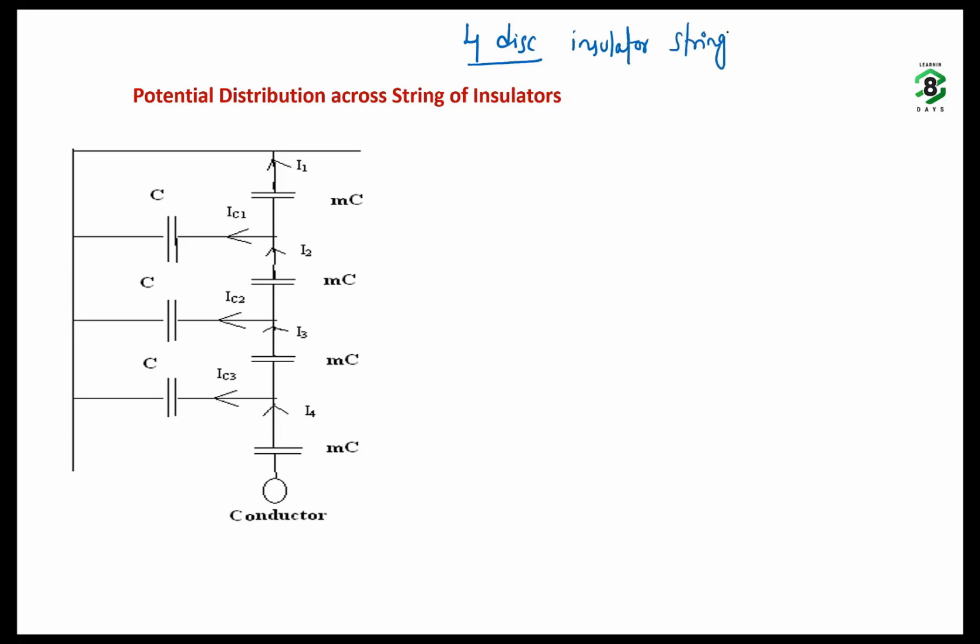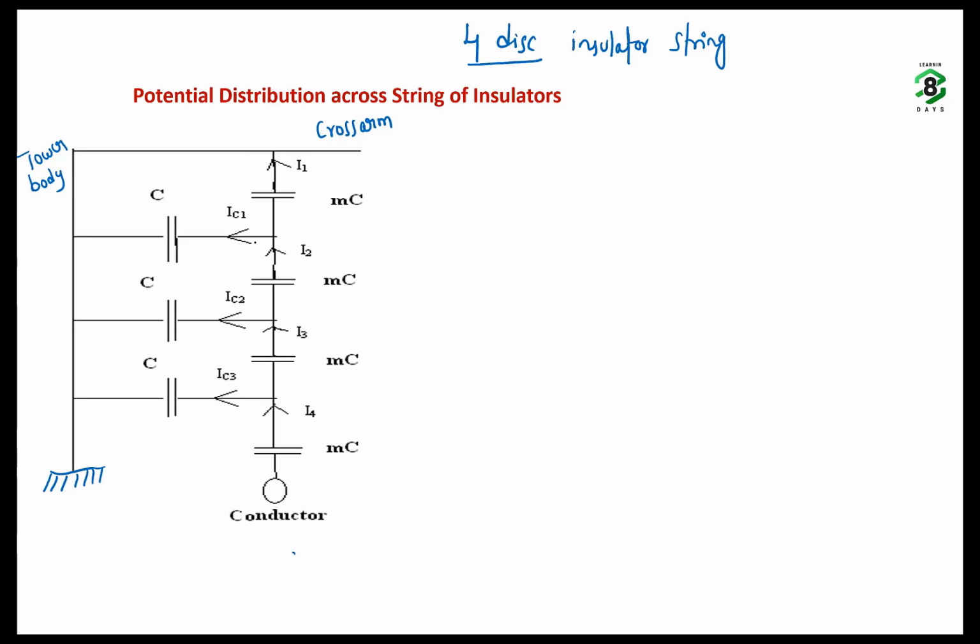Now we are defining capital I1 as the current flowing through disk 1, which is connected to the cross arm. This is the cross arm, this is the tower body, and all these points are at ground potential. I1 is the current flowing through the disk that is connected to the cross arm.